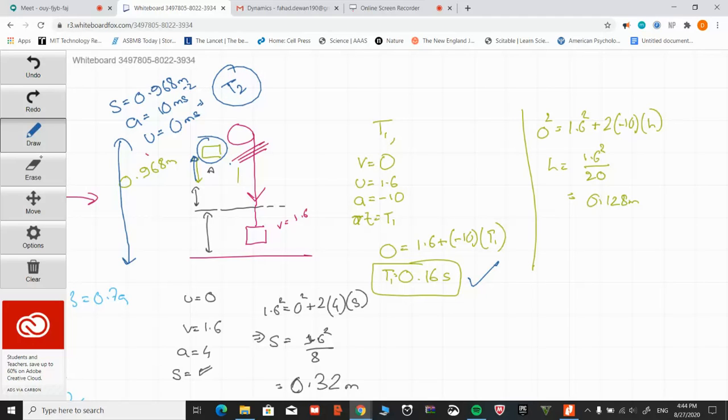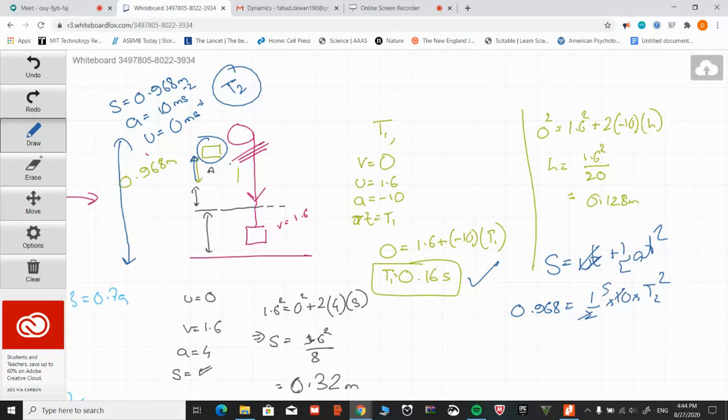S is equal to ut plus half at squared. S I know, how much it has to fall. u is 0, so that becomes 0, plus half into gravity into the missing time squared.